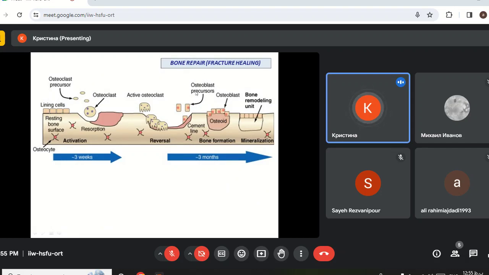Osteoblasts develop from the osteogenic cells or from the adventitial cells. They come to this area and start to produce new bone tissue. First they form osteoid, which consists of organic material, and then osteoid is mineralized, and the bone is rebuilt in this area. And it takes about 3 months.